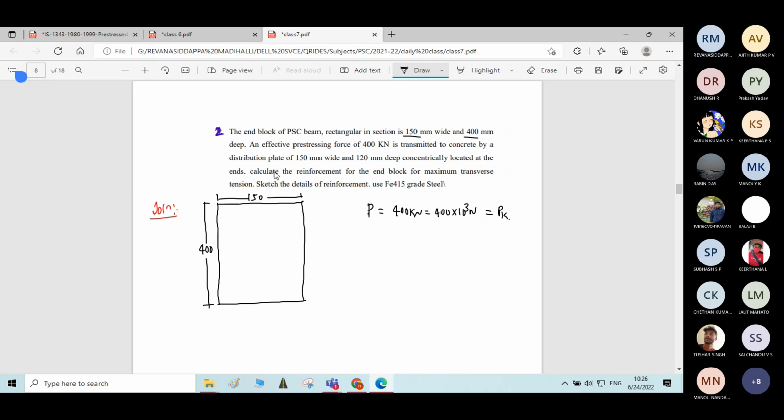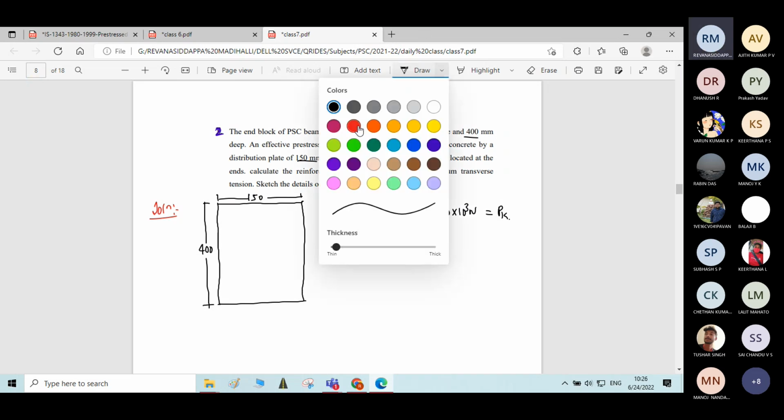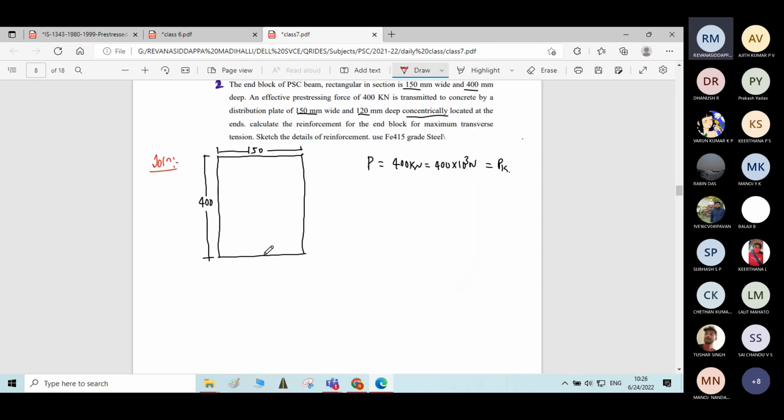Then, an effective pre-stressing force of 400 kilonewton is transmitted to the concrete by a distribution plate of 150 mm wide by 120 mm deep, concentrically located at the ends. Concentrically located means, let me draw the central axis first.